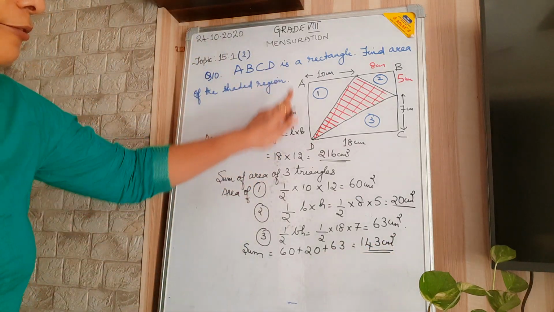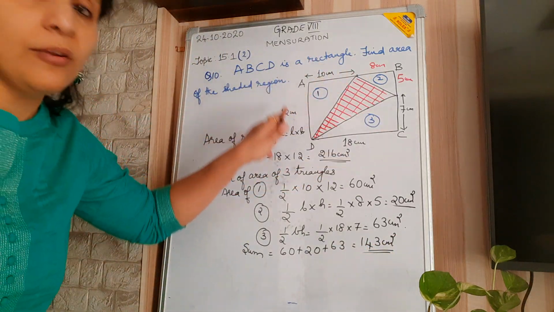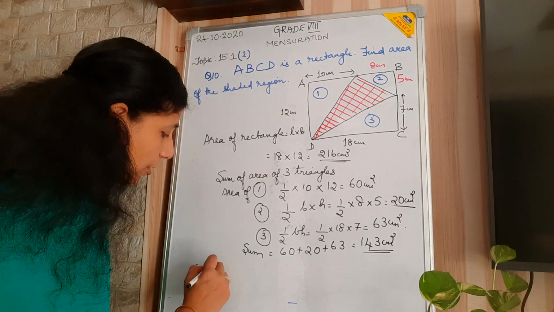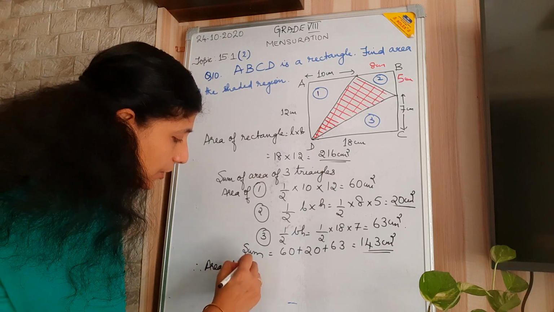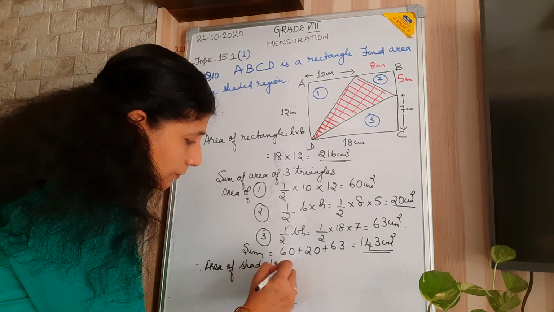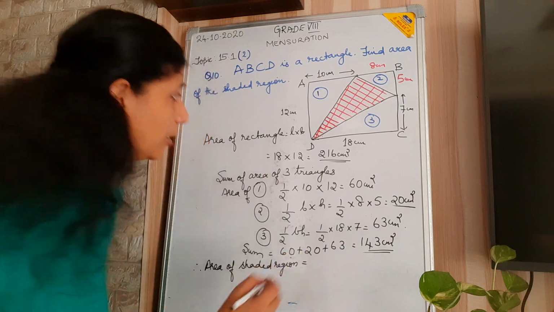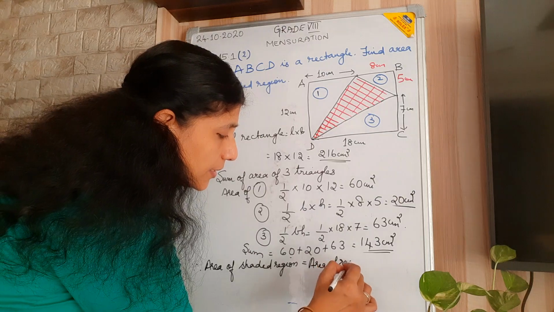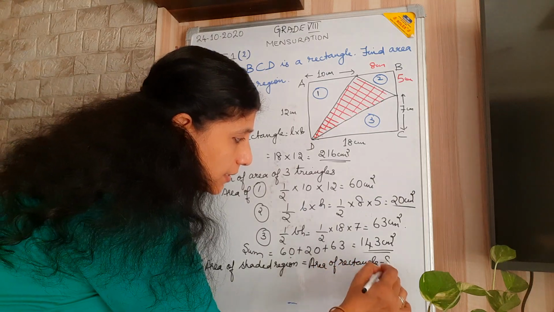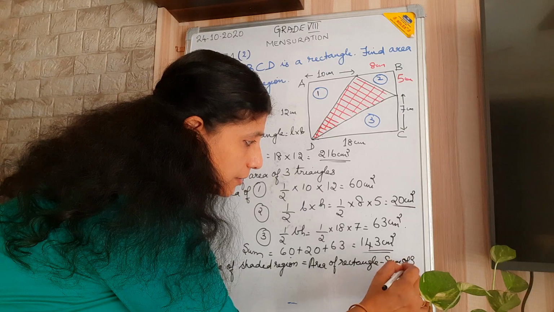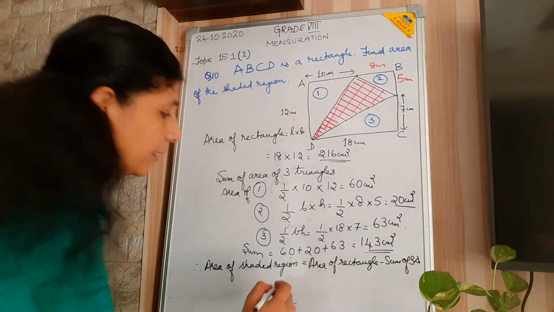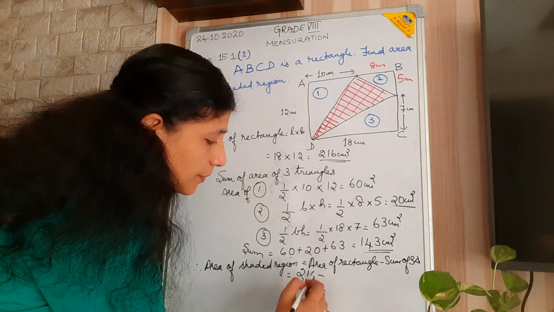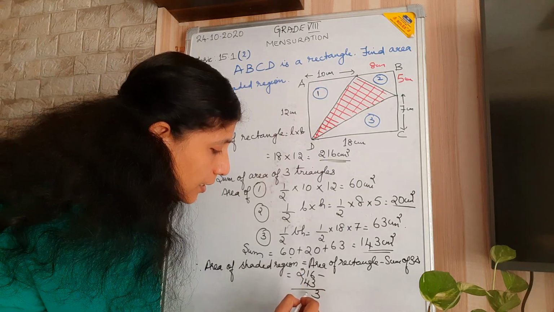So if I find the difference between the area of rectangle minus this sum, it will give you area of the shaded part. So therefore area of shaded region equals area of rectangle minus the sum of areas of three triangles, that is 216 minus 143. 6 minus 3, 3, 10, 6, 7.